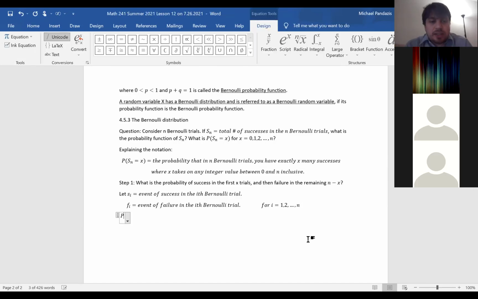So now let's express the probability that we're asking to find. What's the probability of success in the first X trials? So we want success in the first trial, success in the second trial, up to and including success in the Xth trial. Then afterwards, we want to look at failing every other time. So failure in the X plus first trial, failure in the X plus second trial, and so forth, up to including failure in the last trial, which is the nth trial.